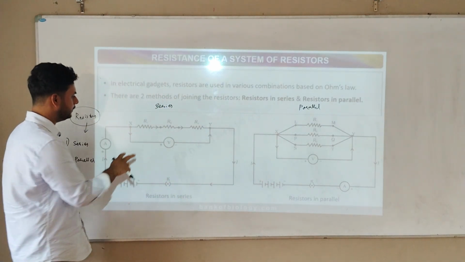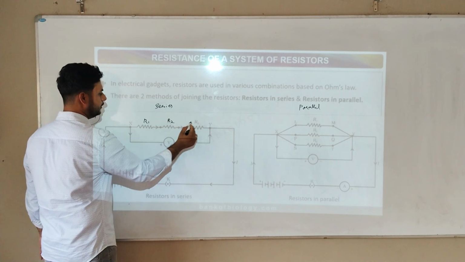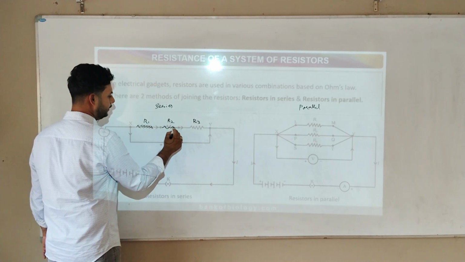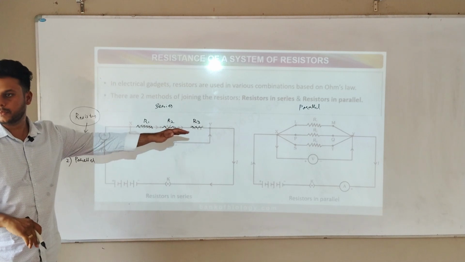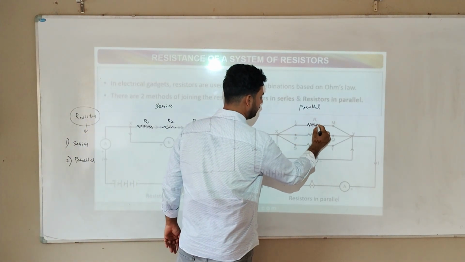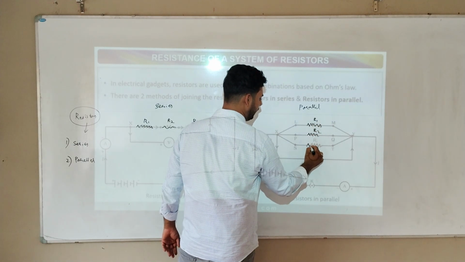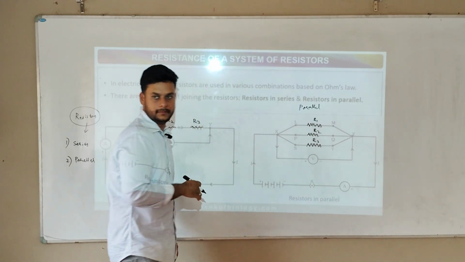Example, series means you can see here, first resistance, second resistance, third resistance. It is connected here, here, and here. This is in series. Whereas here you can see it is parallel. R1 is parallel to R2, parallel to R3. The three are going parallelly.